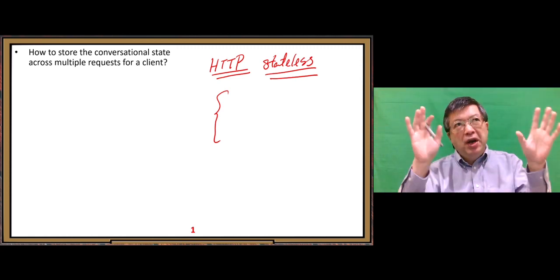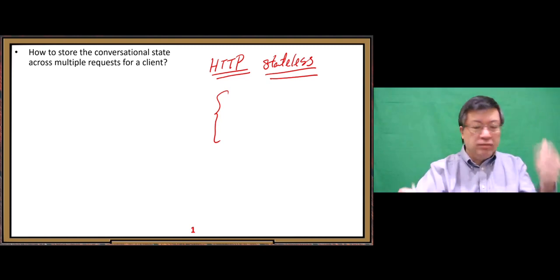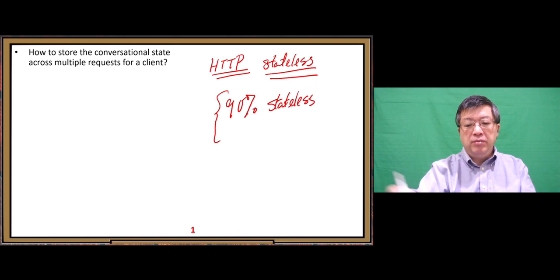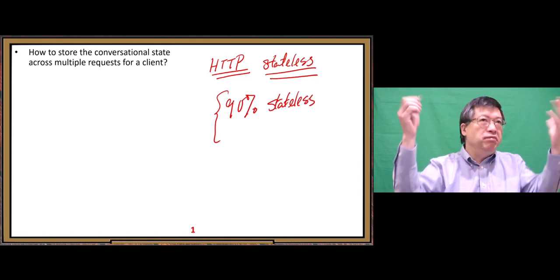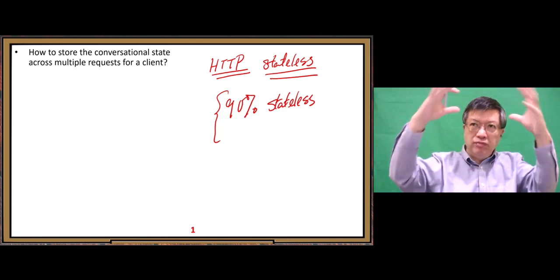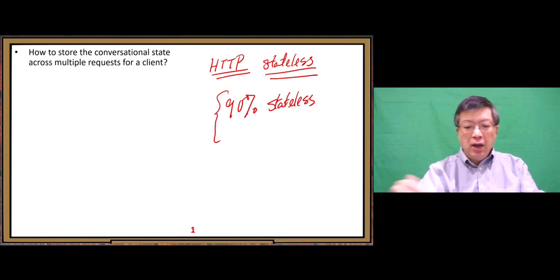Most of the time. So here, I use some approximate number. So 90% of the time, stateless is fine. Okay? Because people usually do not need user state information for some special features.